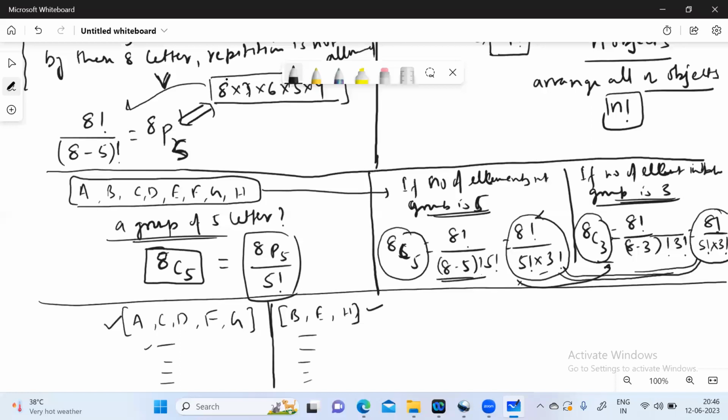Yes, sir. So a very quick question for you all: if somebody asks you, if 12CX is equal to 12CY, then what can we say about X plus Y? क्या होगा X plus Y?